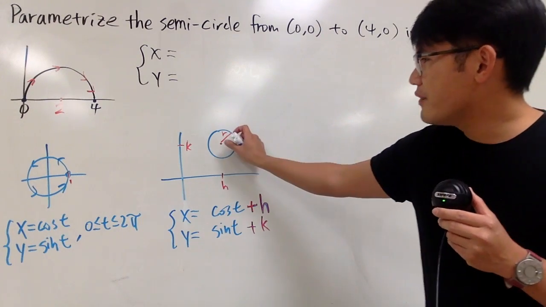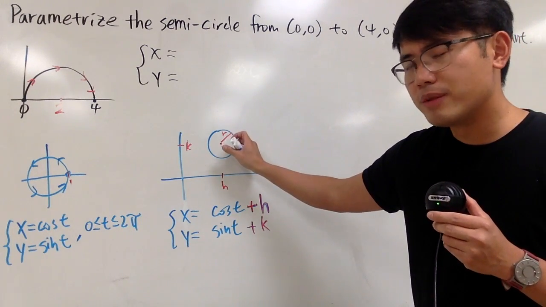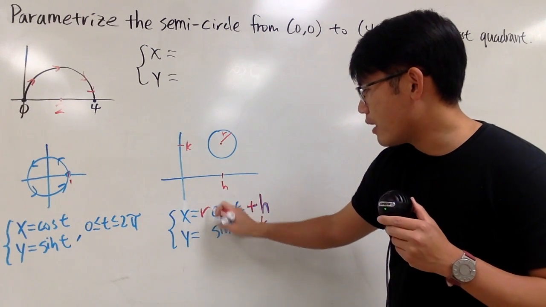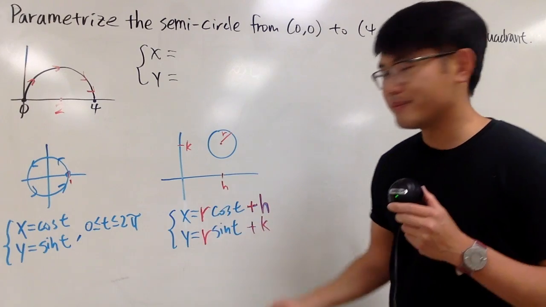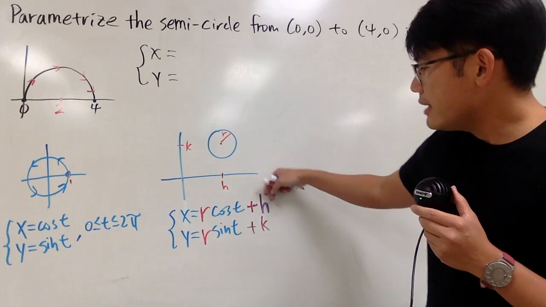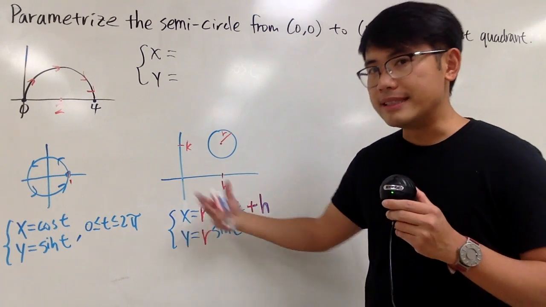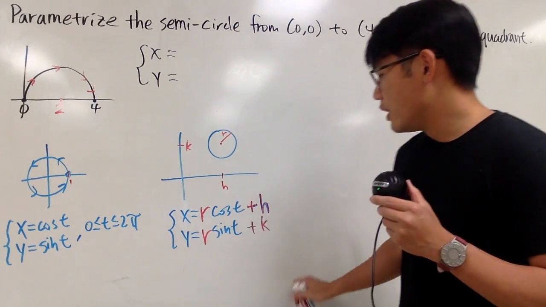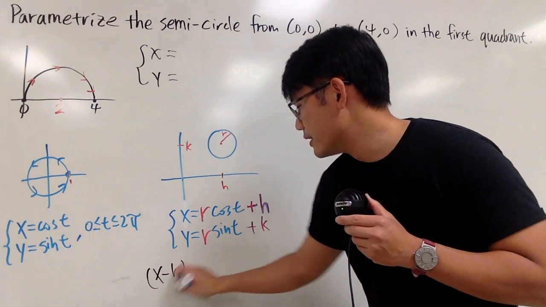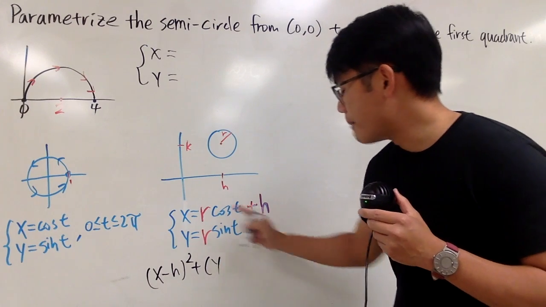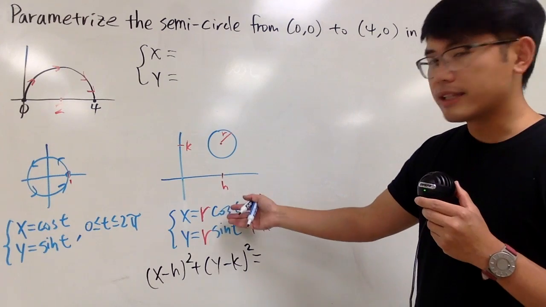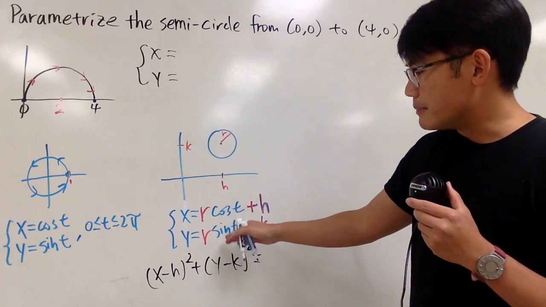And now, if the circle is any bigger or any smaller, with a different radius, what we have to do is multiply by r here and multiply by r here. And this is much easier to see if you subtract h on both sides and then square both sides and add the equations. You will end up with (x minus h) squared plus (y minus k) squared equals r squared times cosine squared plus r squared times sine squared.